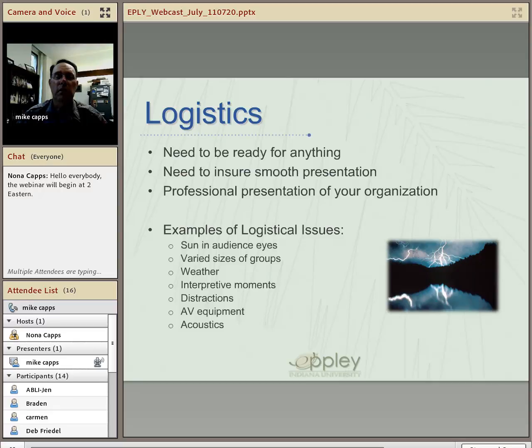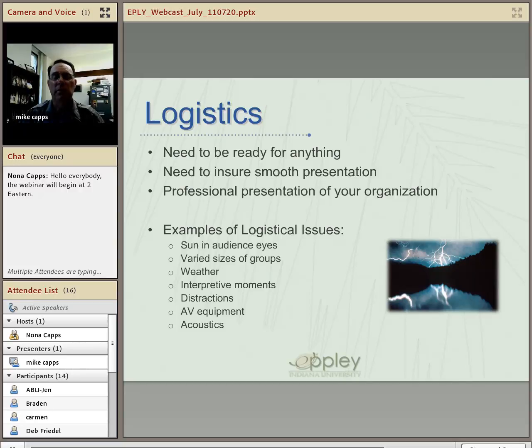Logistics is a big thing to think about. You need to be ready for anything because you want to ensure a smooth and professional presentation of your information. So think about things like sun in the audience's eyes. If you've got them facing the sun, they can't see you, they're going to be distracted.